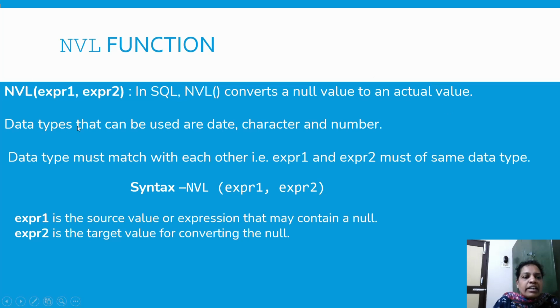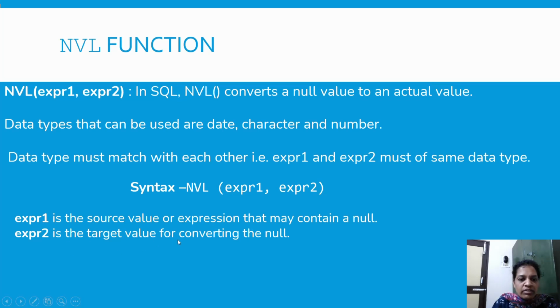Data types that can be used are date, character and number. The data types must match each other, that is expression 1 and expression 2 must be of the same data type. So the syntax is NVL(expression 1, expression 2). Expression 1 is the source value or expression, which may contain null.